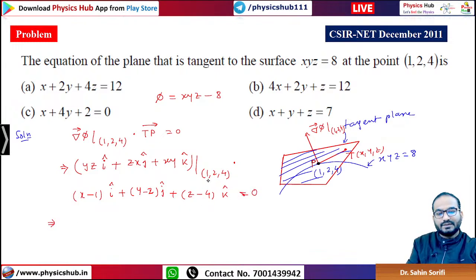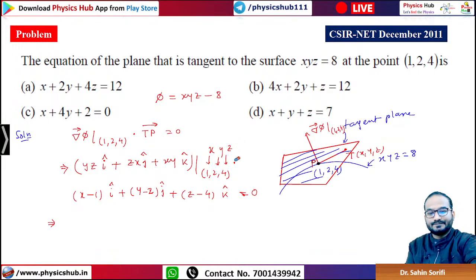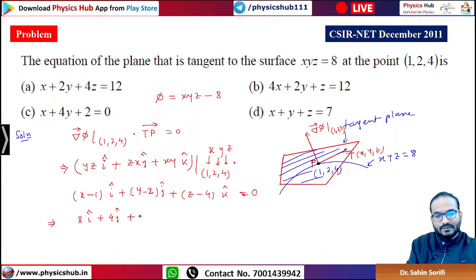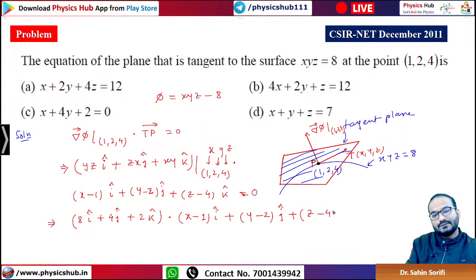Now put the value of x equals to 1, y is equals to 2 and z is equals to 4. Okay, so yz is 8, right? So 8 I cap plus zx 4 j cap plus xy is 2 k cap multiplied by (x minus 1) I cap plus (y minus 2) j cap plus (z minus 4) k cap.